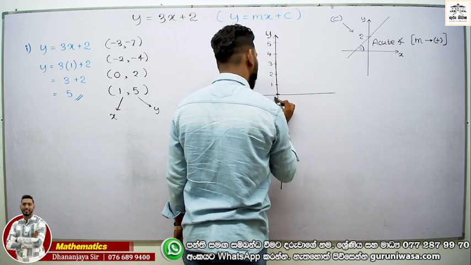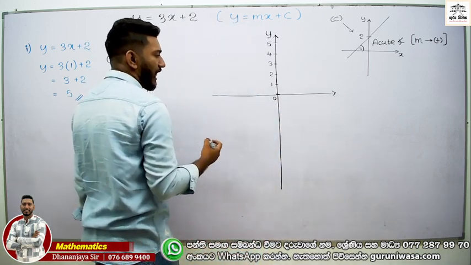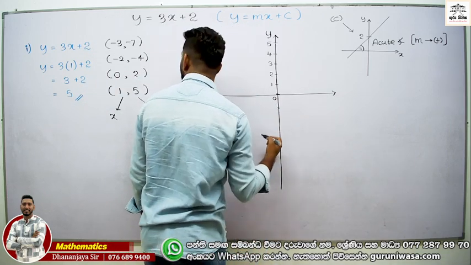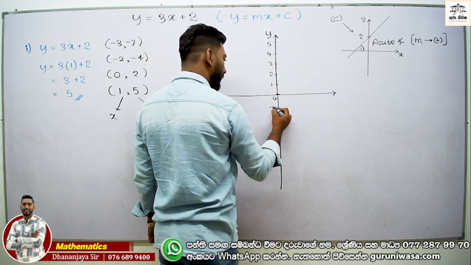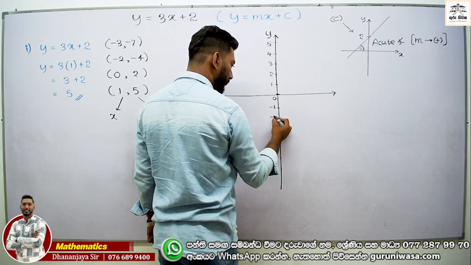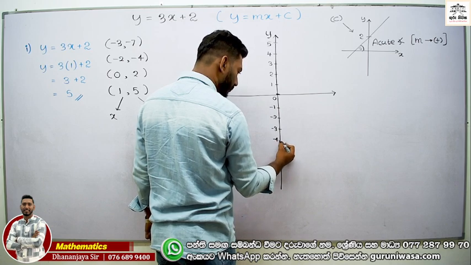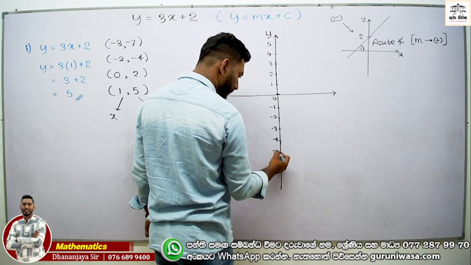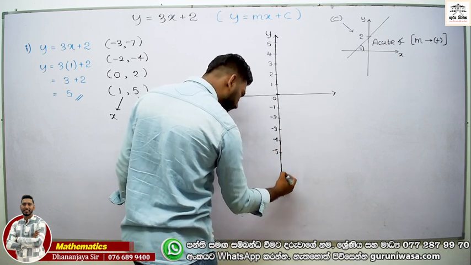And this is 0, and this is the positive direction of the x. And the negative side must go until -7. Therefore, -1, -2, -3, -4, -5, -6, and -7.